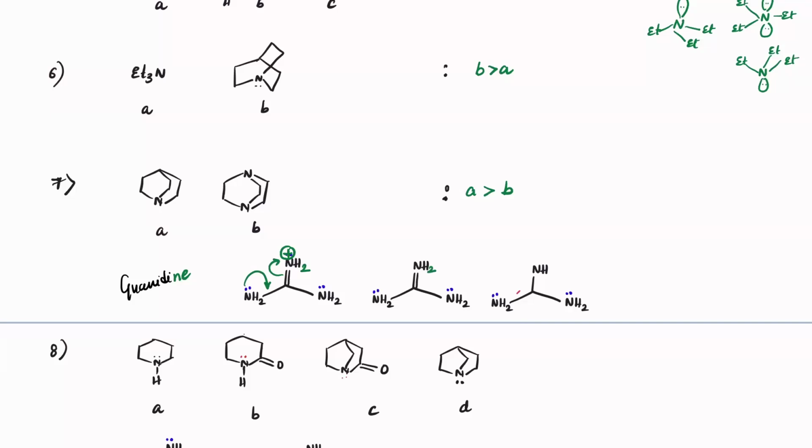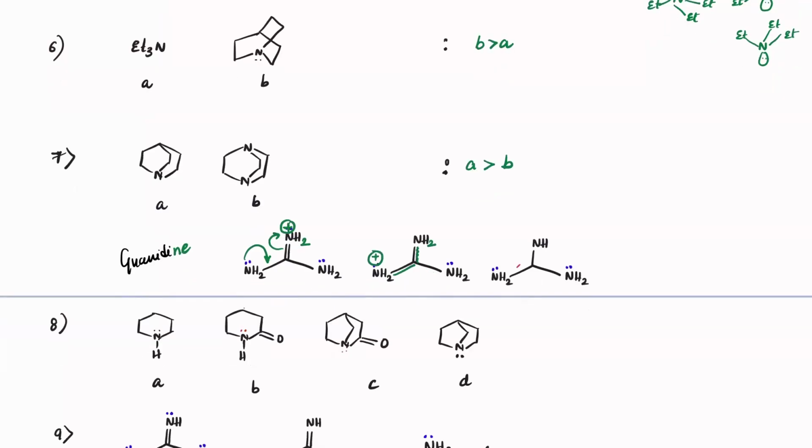I will have this double bond come here, and this will start gaining the plus charge. And in the second case, if the lone pair on this side is pushed here like this, this will have a lone pair, the double bond will be here. This will start getting the plus charge now, and here it will have NH2.